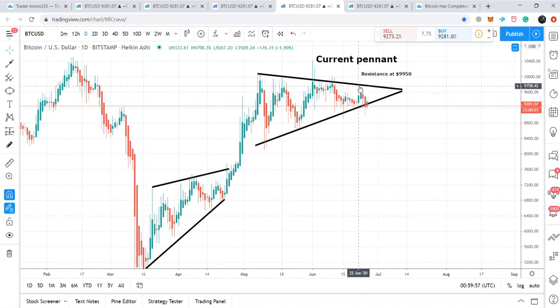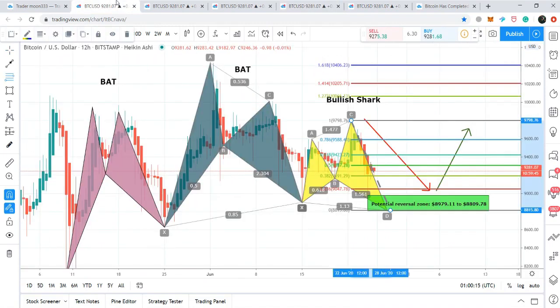I was even expecting a spike up to $10,000, because we were at the end of the pennant, and this time would be make or break time for the price action, because the pennant was getting squeezed, and we were also in the potential reversal zone of this bullish bat pattern. Therefore, we would have a strong push from here, like it provided a strong push.